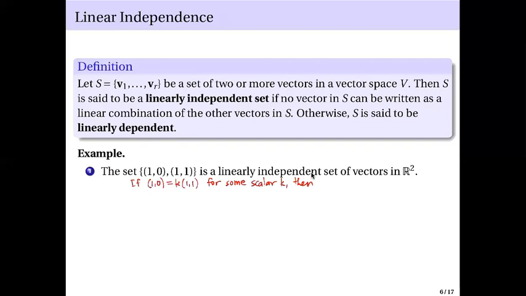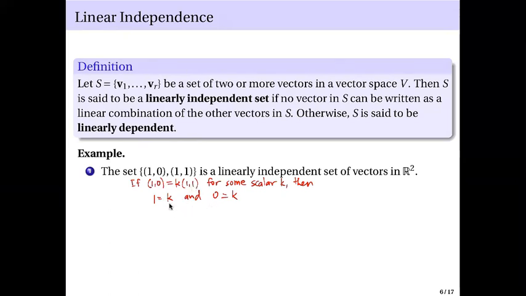You have 1 equals k, and also you have 0 equals k, correct? 1 equals k times 1, 0 equals k times 1.